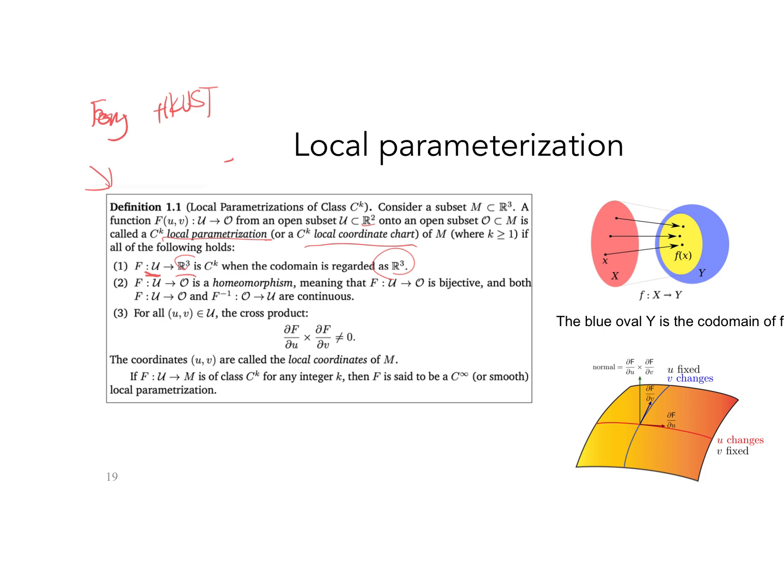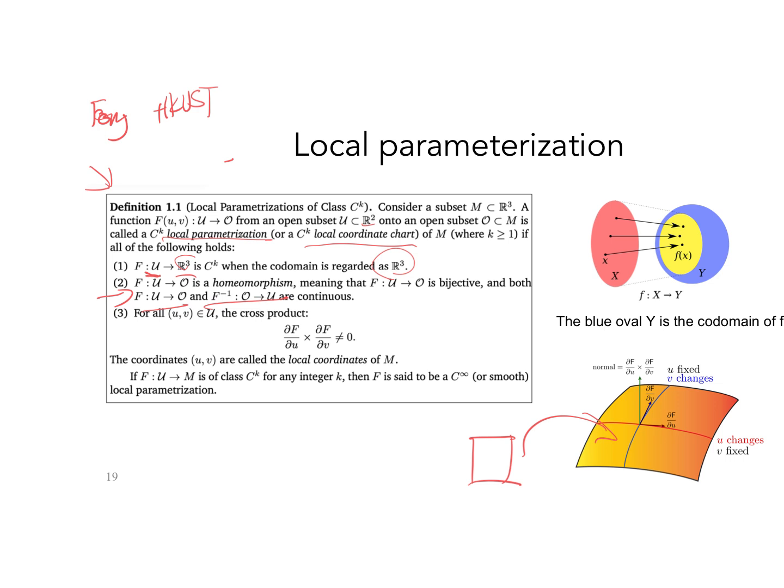Another important concept is that the mapping from the local parameterization to the shape itself has to be one-to-one. Basically, the inverse of it has to exist.